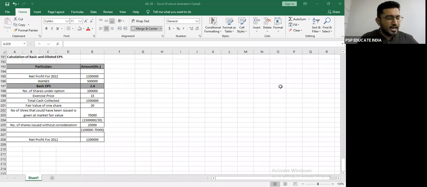Now quickly on the chat box. How do you calculate weights for bonus issue?